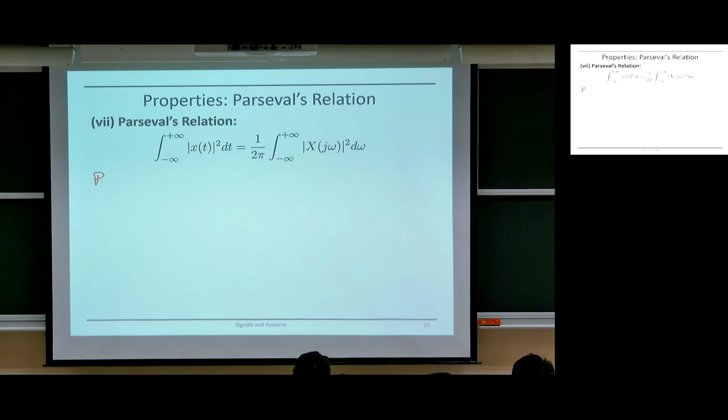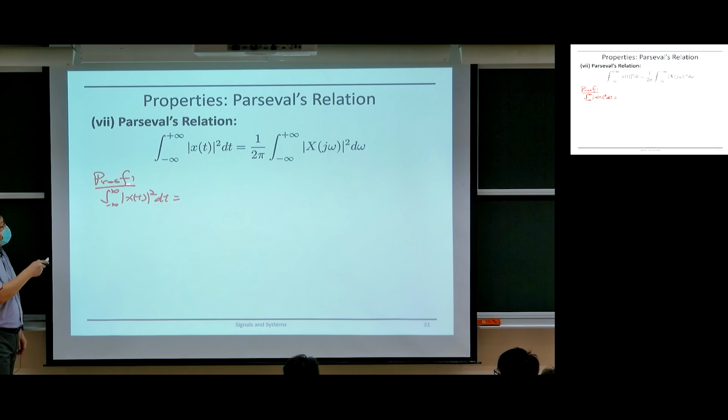So this is straightforward to prove. We can just start out from the time domain integral. Here we're computing the total energy of the signal in the time domain. So you can write this as the integral of x of t times the complex conjugate of x of t.